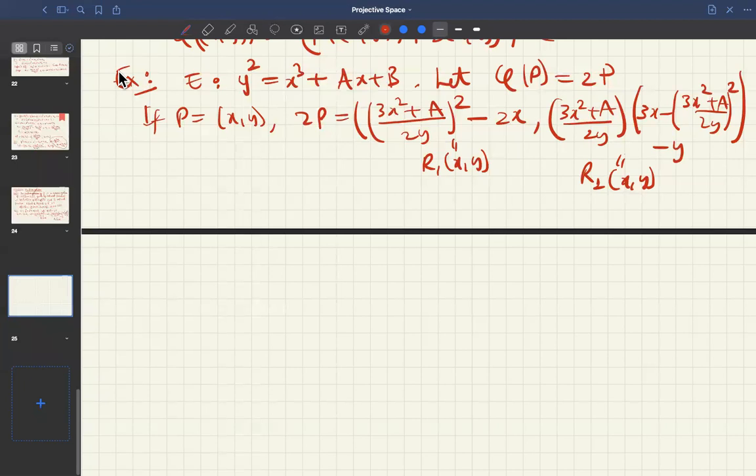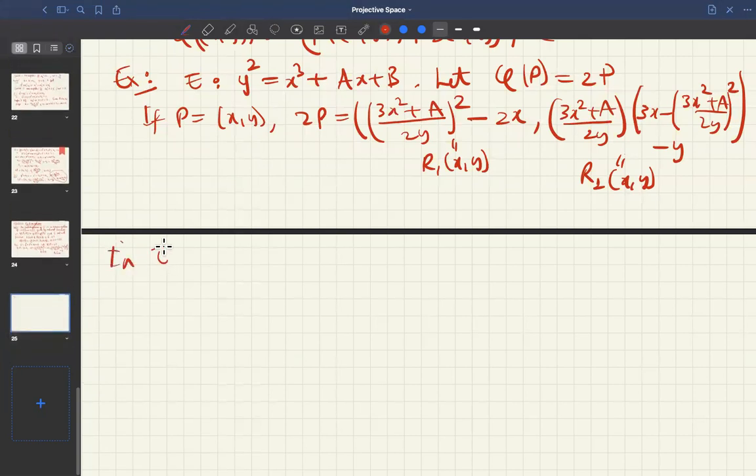Okay, so I have this R1, R2. It will be nice to write these rational functions in a different way. You see, in E, in general, y square equals x cube plus ax plus b.